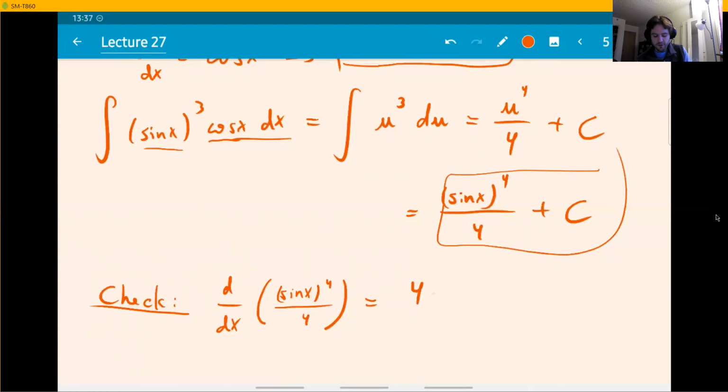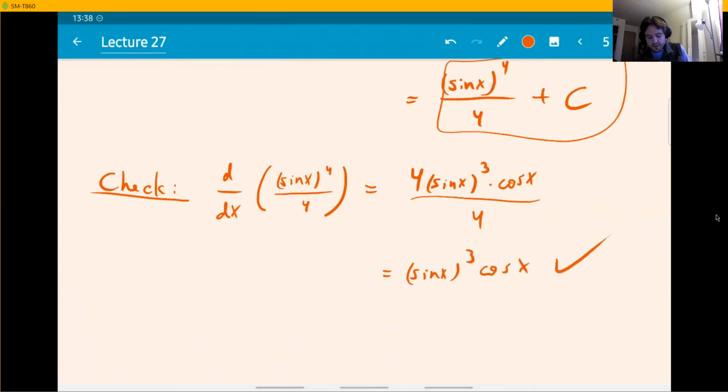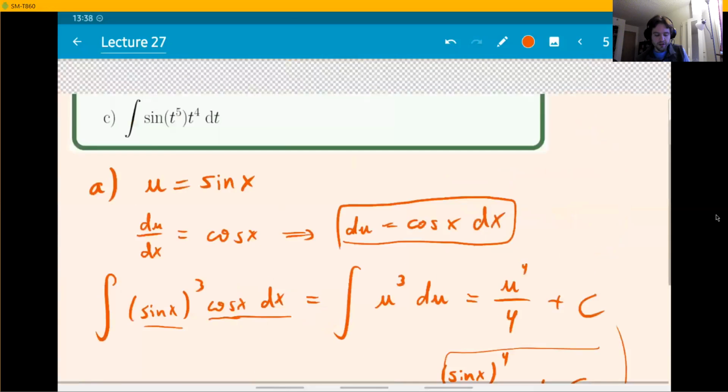That's the same thing as 4 sine to the cube times cosine because of the chain rule. And we also had this extra 1 over 4. So this is sine cube times cosine, which checks out. This is exactly the expression that you had in the integral.